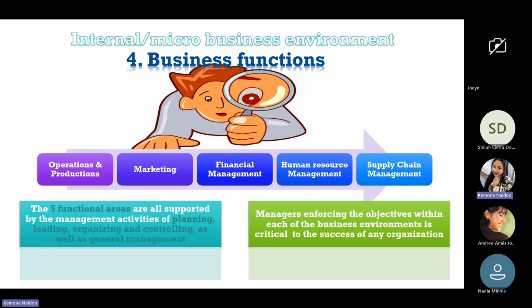In business functions, so this is also within our control in an organization. Within business functions, we have our different departments, okay? So for example, we can have operations, we can have marketing, we can have financial management, human resource management, supply chain management. So all of this is, of course, led by management, okay?